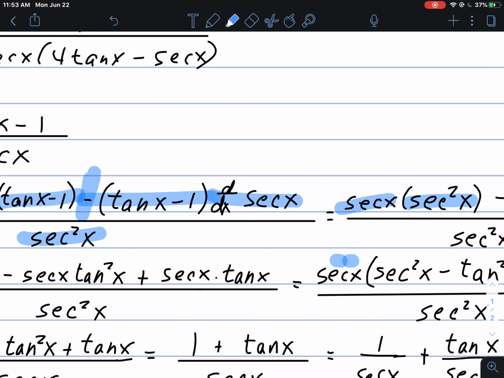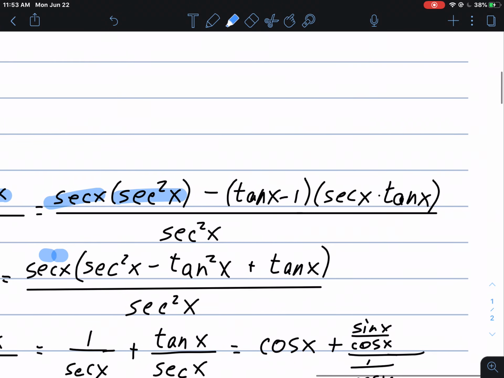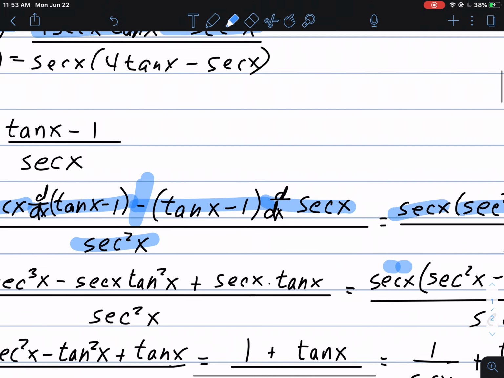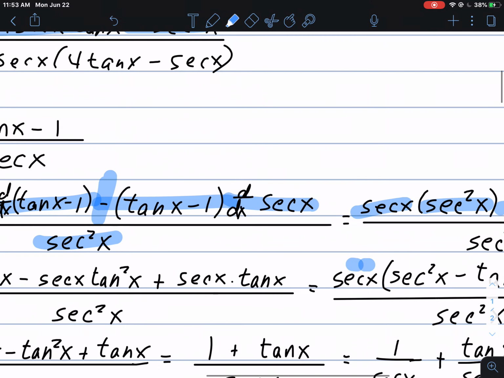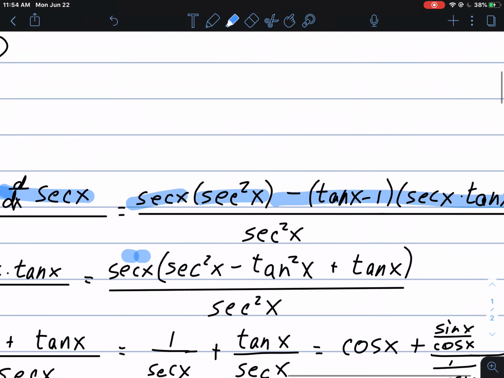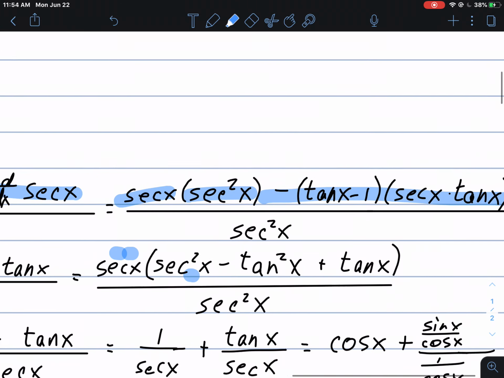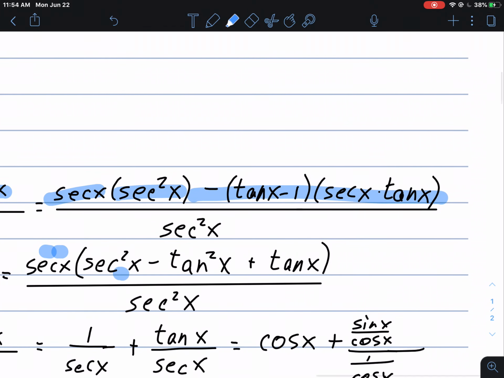tan x minus 1 times the derivative of secant, which we said was the product of secant and tangent. So each one of those, I just found the derivative of tangent x minus 1, which is secant squared minus 0, and the derivative of secant, which is secant tan. And then all of that's still over that denominator squared, or secant squared in this case.